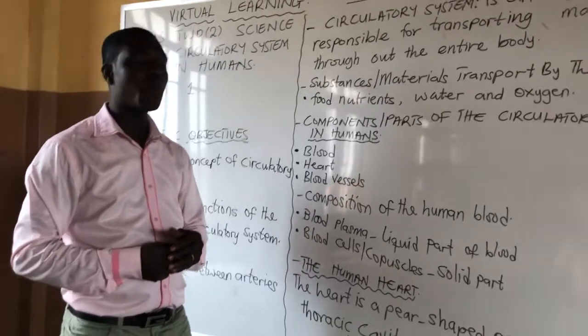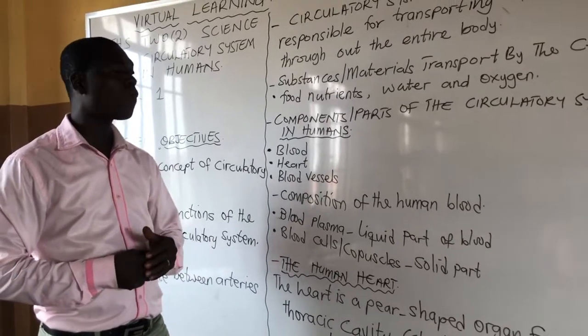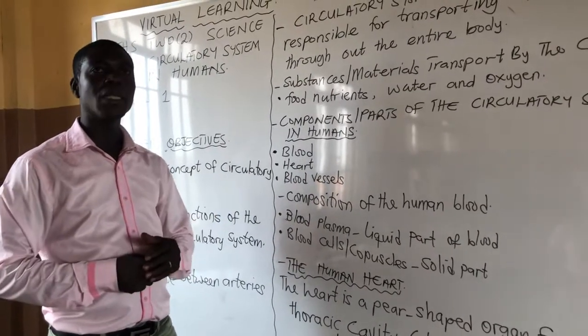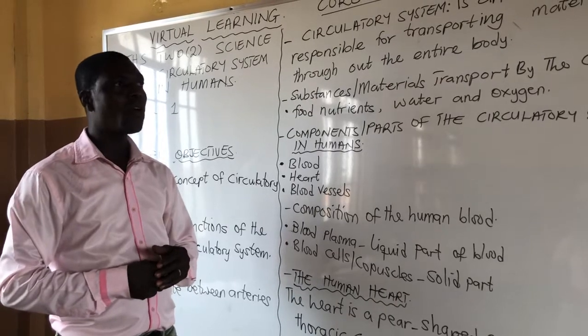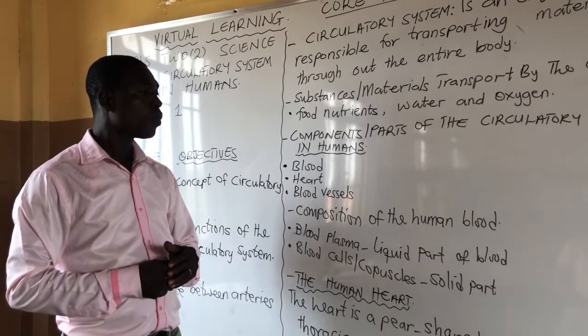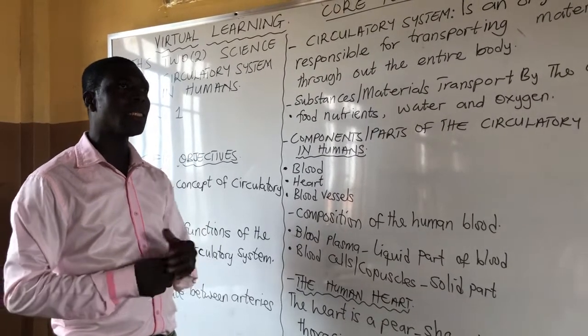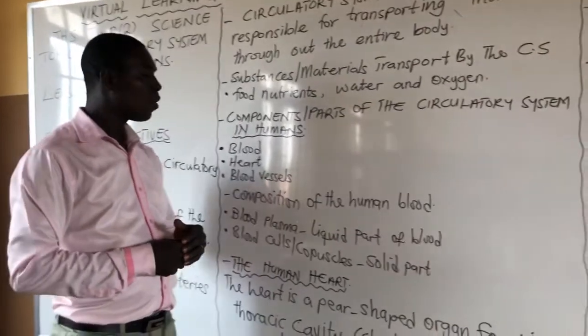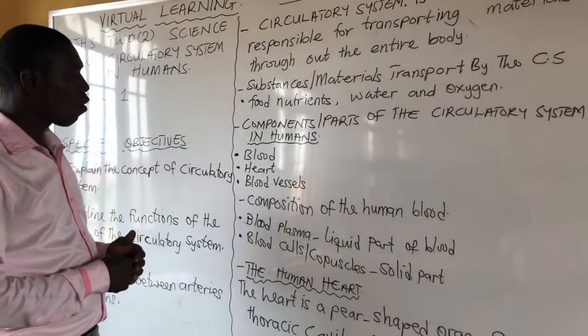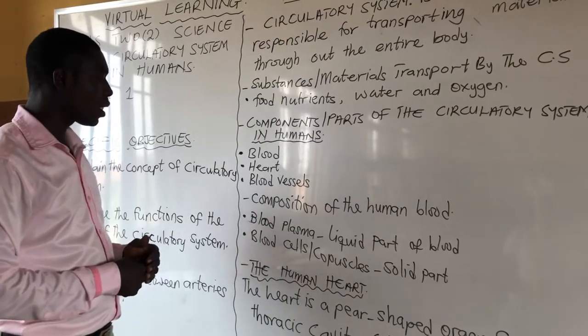Our blood is very important. Why? Because the blood fights against diseases that attack the body. Therefore, your blood must be very strong so that you can withstand any disease that attacks the body. And that is the composition of human blood.